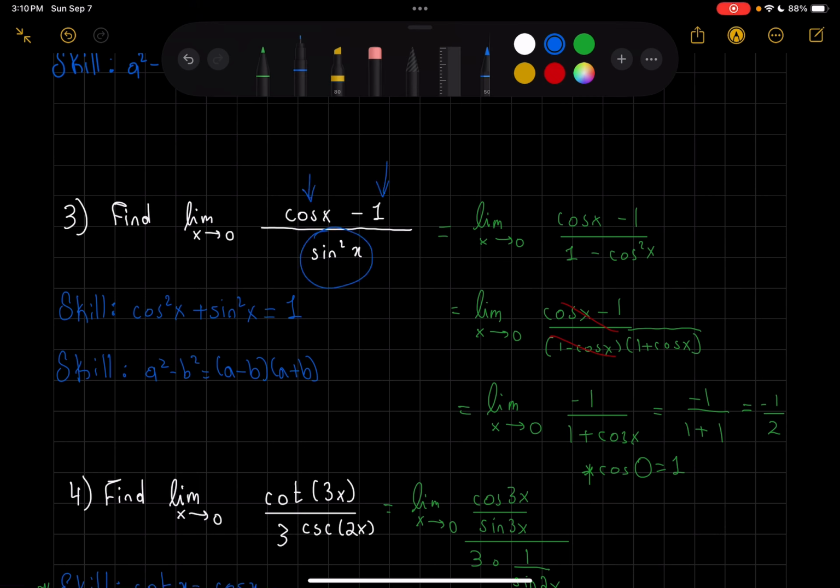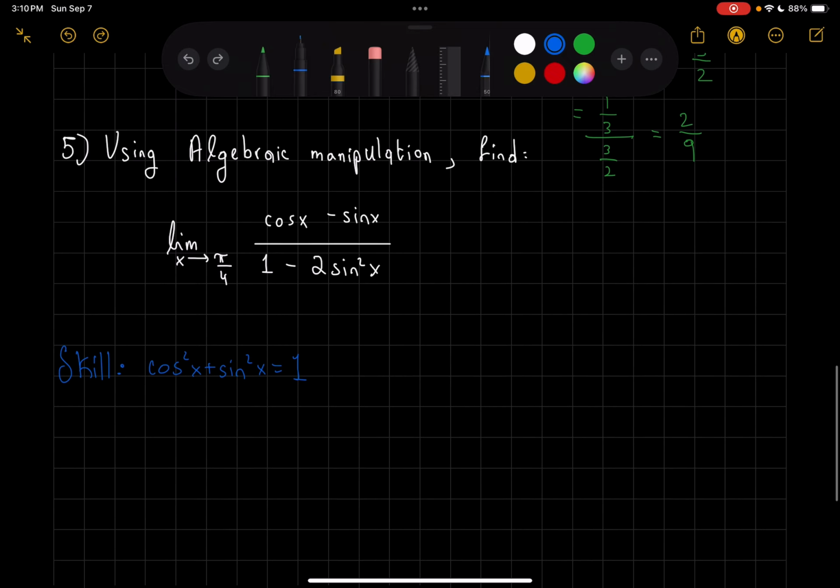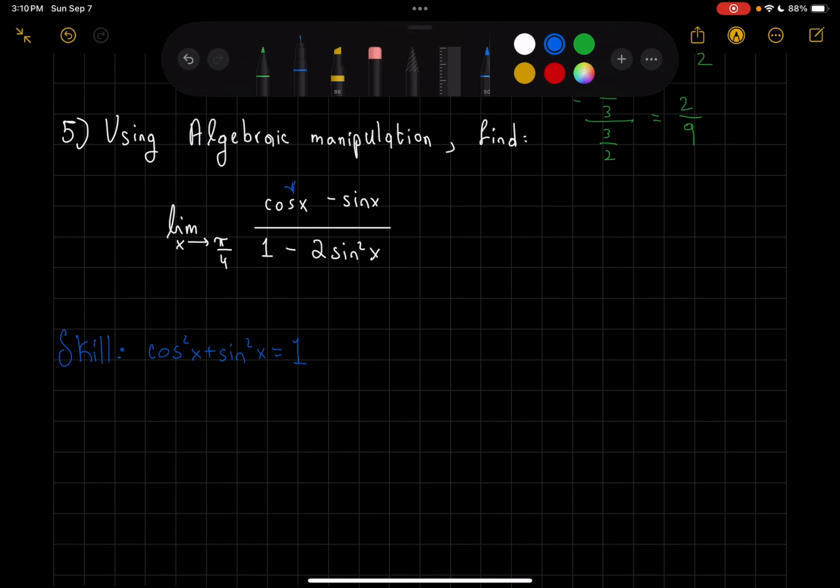So I decided to have similar elements in the denominator by changing sine squared x into 1 minus cosine squared x. But if you look at this question, I have cosine x and I have sine x in the numerator. I don't have a 1. So what I'm going to do, instead of changing the sine squared x and putting it as 1 minus cosine squared x, I'm going to actually change the 1 over here and replace it with cosine squared x plus sine squared x. Just so I can have cosine and sine in the denominator, because maybe it would lead me somewhere, you know?